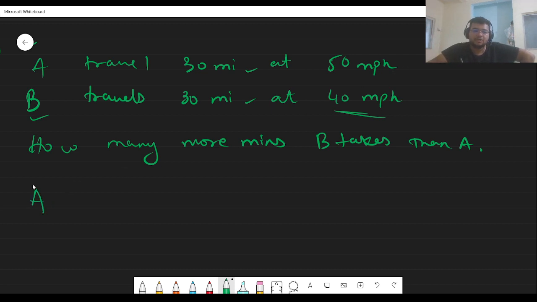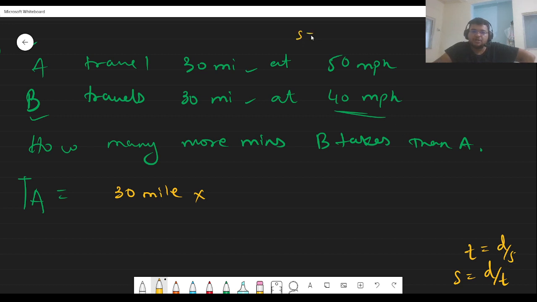So for A, I can write TA, that is the time required by A. Speed equals distance upon time, so time equals distance upon speed. Distance is 30 miles, and speed is 30 miles per 1 hour.